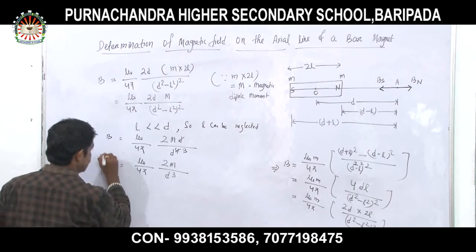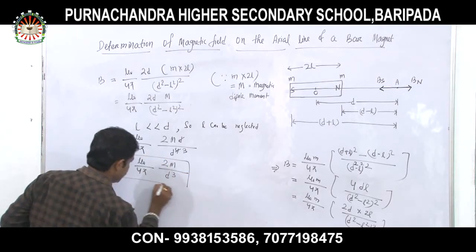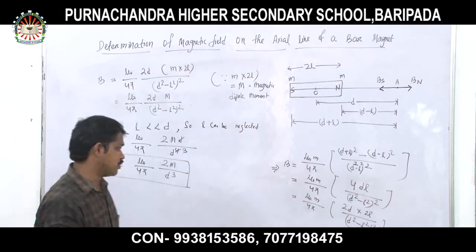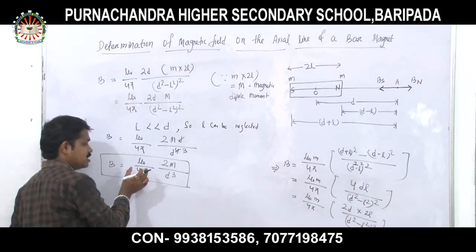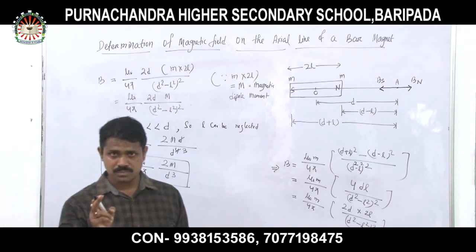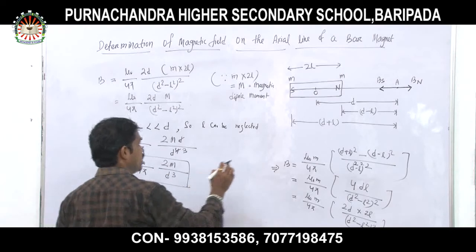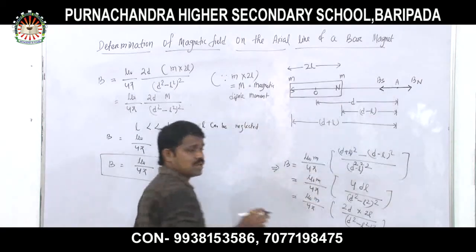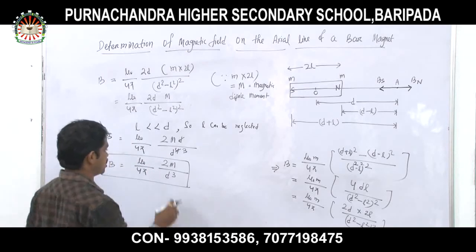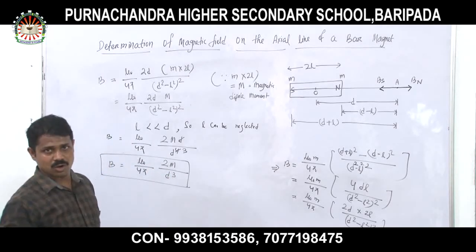So this is the final expression of your magnetic field. Listen very carefully. This is the final expression of your magnetic field at any point, okay, at any point on which line? Axial line of the bar magnet, which is very important. This expression is very important. Clear all of you?